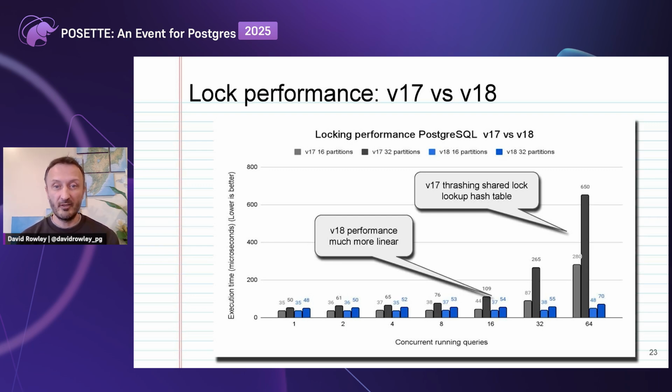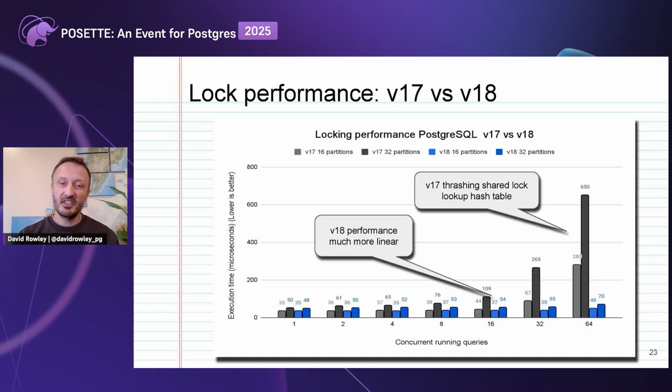If you look at the next bar to the right, that's the 32 partition case, and it's much worse. Even with the 16 partition test, we obtain locks on 16 partitions, but there's also the partitioned table itself, and we have to obtain the lock on that as well. So there's actually 17 locks there.